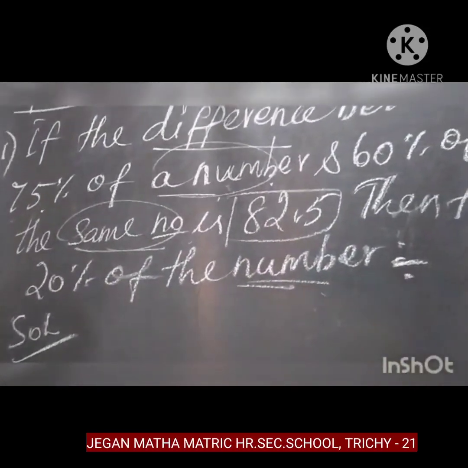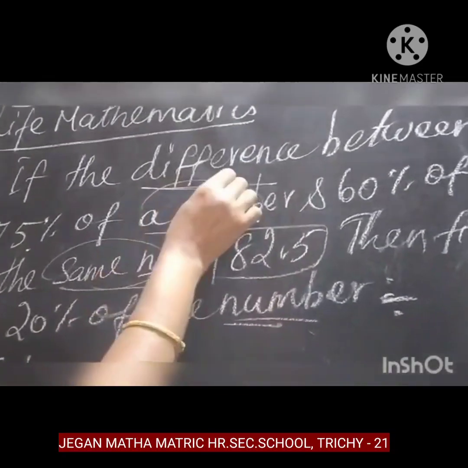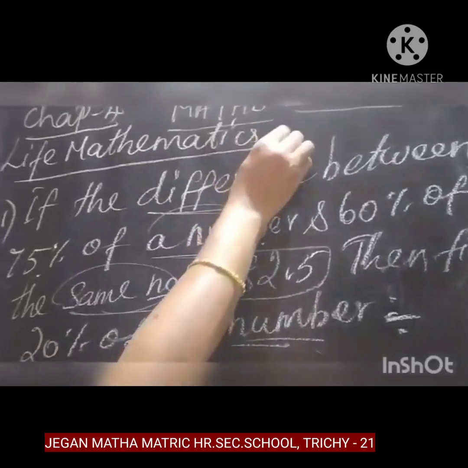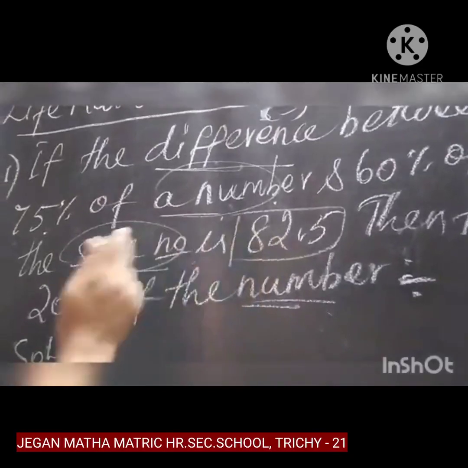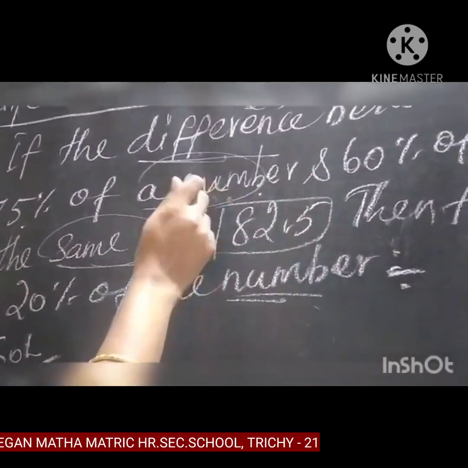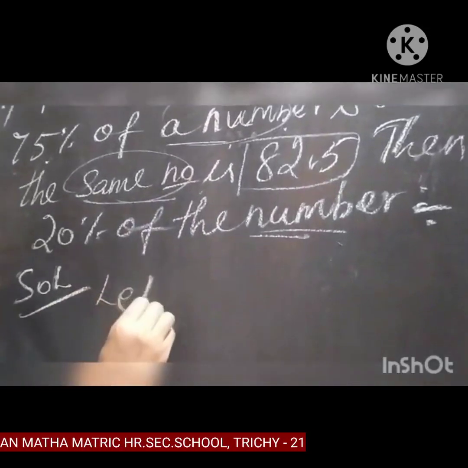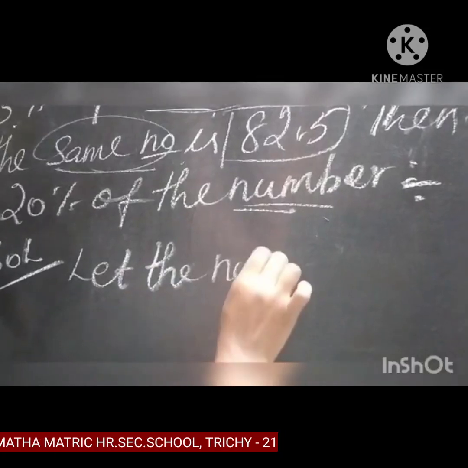So first you have to read the sum 2 or 3 times. Listen carefully. Difference means what? Subtraction. Difference between 75 percentage of a number and 60 percentage of the same number. You don't know the value of that number, so let the number be x.